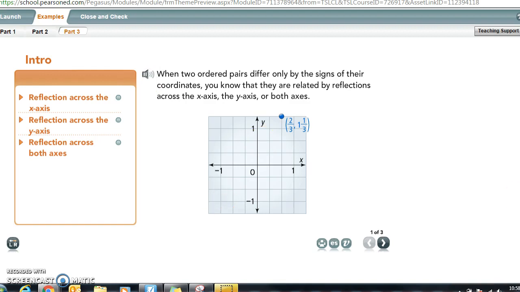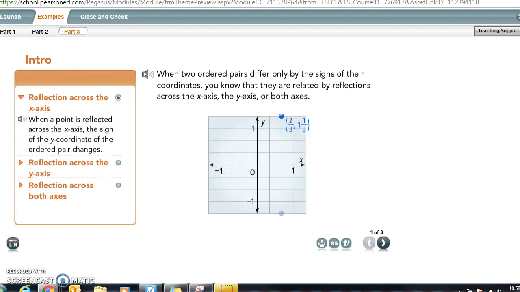When two ordered pairs differ only by the signs of their coordinates, you know that they are related by reflections across the x-axis or y-axis, or both axes. A reflection across the x-axis changes the sign of the y-coordinate. The x-coordinate remains the same. 2/3, 1 1/3, reflected across the x-axis is 2/3, negative 1 1/3.